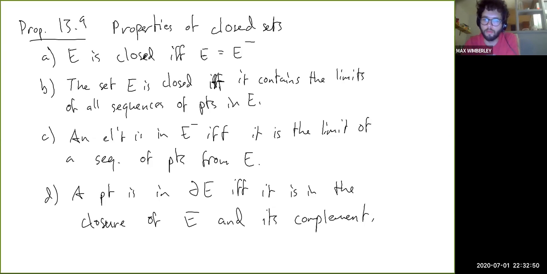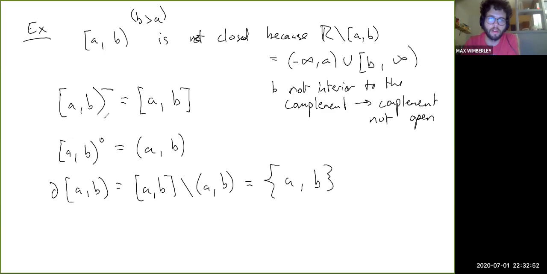If we go back to our previous example, you can see that the point b has to be in the closure of this half open interval, because you can take a sequence of points marching from the left, like b minus 1 over n, which is a sequence of points in [a, b), at least assuming n is big enough.